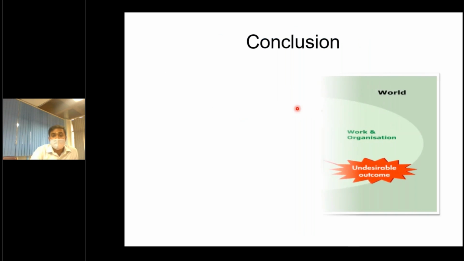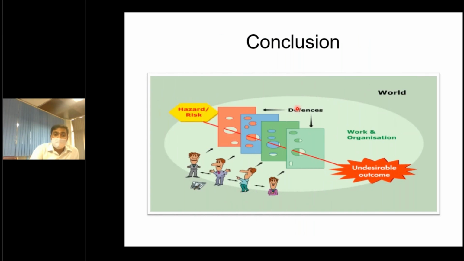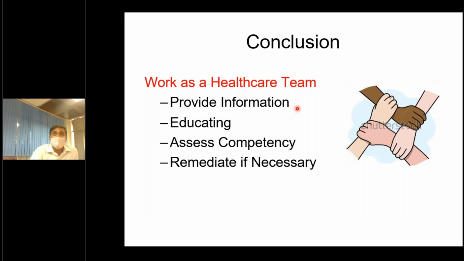So the conclusion is, there are a lot of caveats and different processes, and when all things need to be aligned, there is a chance of error. The only way that we can prevent this undesirable outcome is by teaching everyone, being updated with the requirements of an individual test or procedure, and communicating with each other.